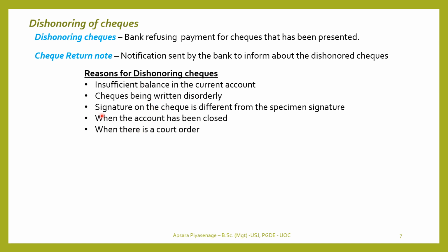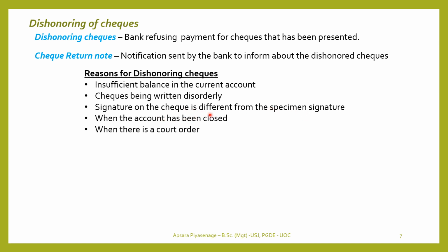The third one is the signature on the check being different from the specimen signature. Specimen signature is given before, when you are given a checkbook, you have to give the bank your specimen signature or sample signature. And when you write the check, you have to put that signature on the check.